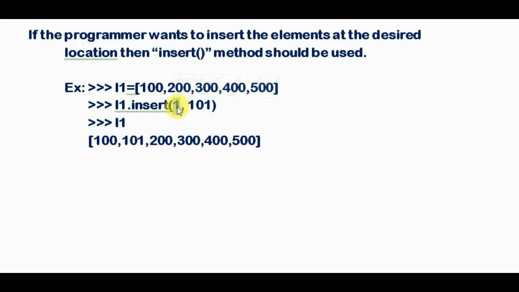This is the index number inside the list. So here we have the existing list, and after the 100 we inserted the value 101. This is the first index number, because the index starts from 0.